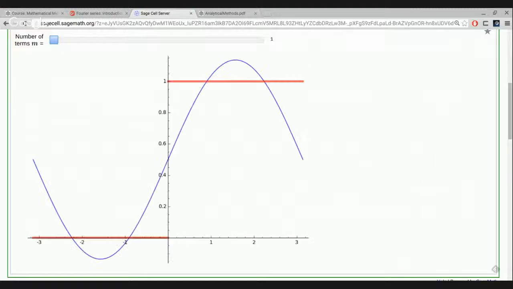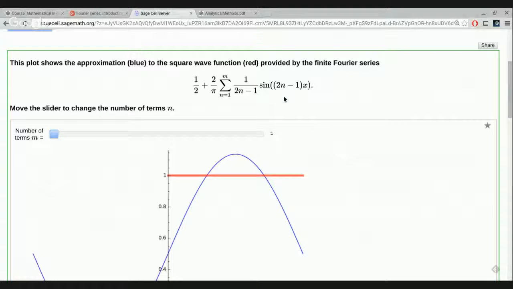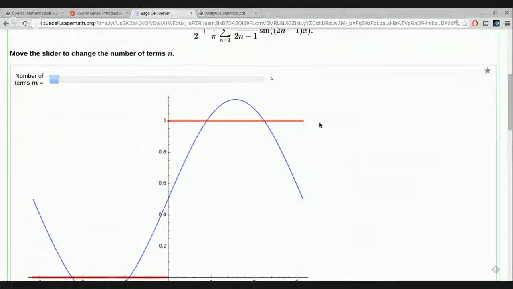And as you increase the number of terms, so if we go to one term, here is the best way to approximate this square wave function with a single sine function. Okay, it's just sine of x, but it's rescaled by 2 over pi and added to the half constant that we had before.